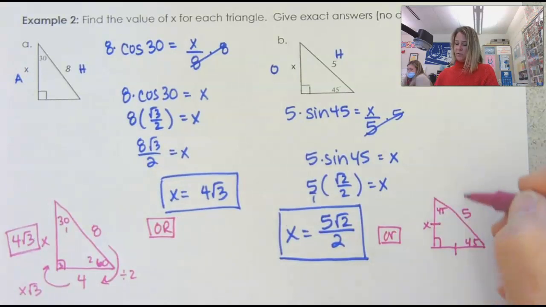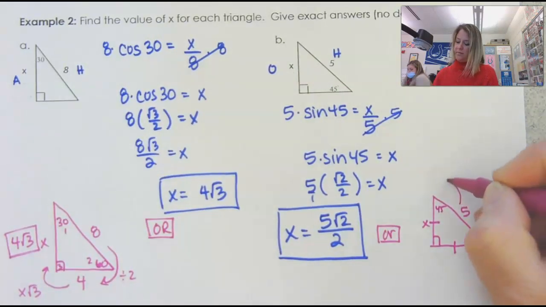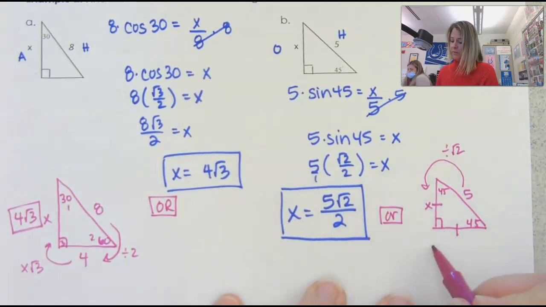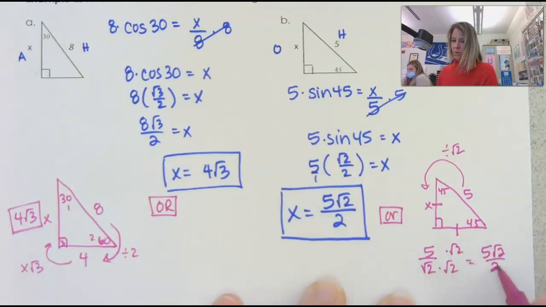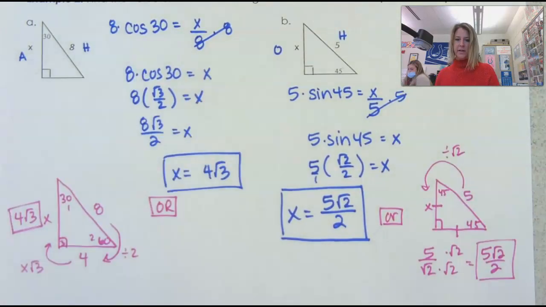So I would multiply a leg times radical 2 to get to the hypotenuse, or I could divide by radical 2 to get to the leg from the hypotenuse. So if I did 5 divided by radical 2, you can't leave it like that. So I'd multiply by radical 2, and that would give me 5 radical 2 over 2. Same answer. This is how you would have done this in geometry. This is what we're going to try to focus on in Pre-Calc 2.